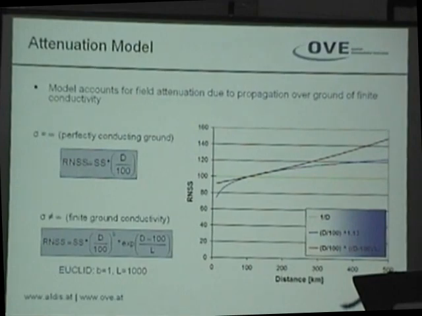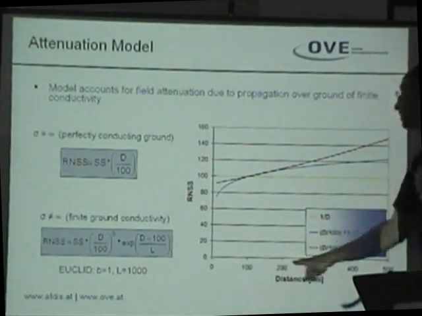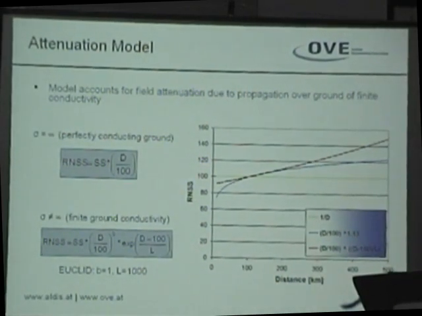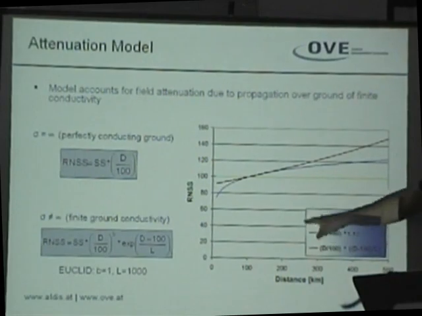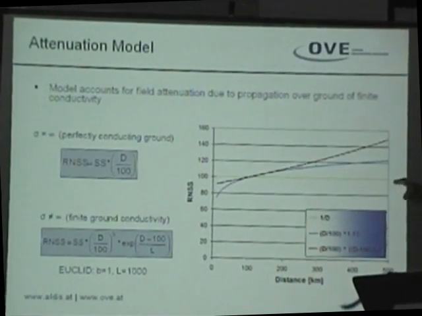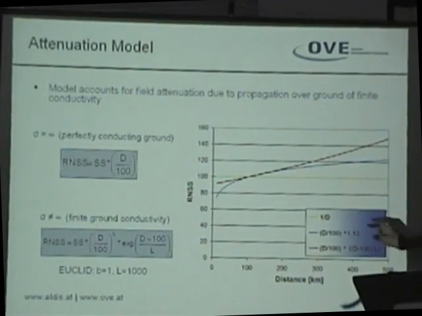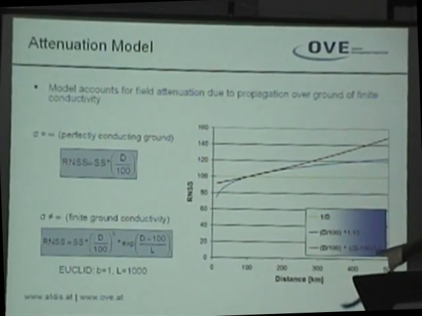Here once again is the attenuation model over distance to show you the difference. If I use ideal no attenuation, it would be the yellow one, 1 over D. If I use the 1.13, it's the blue one, and what is currently used is with L equal 1000, and this is the red one.